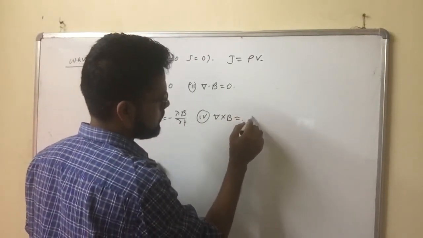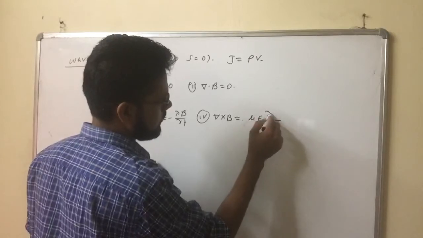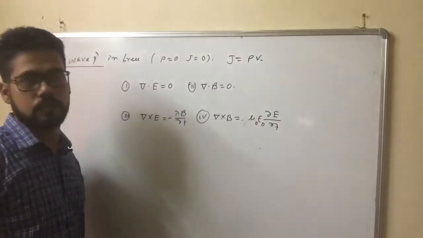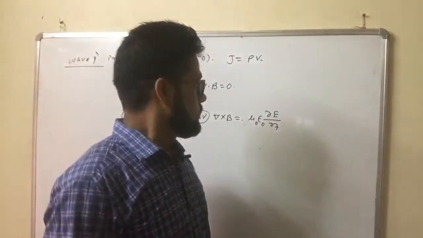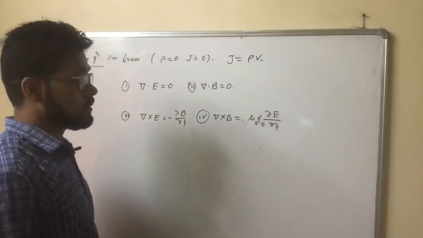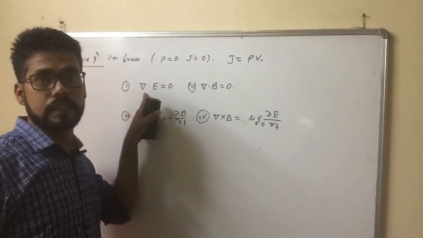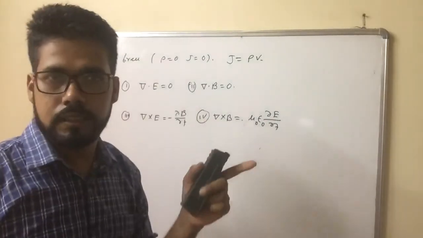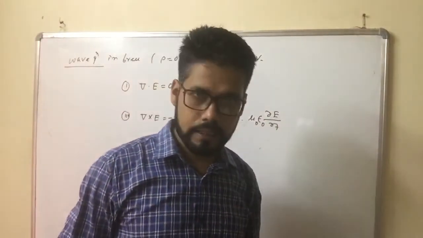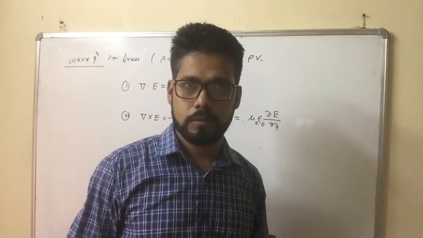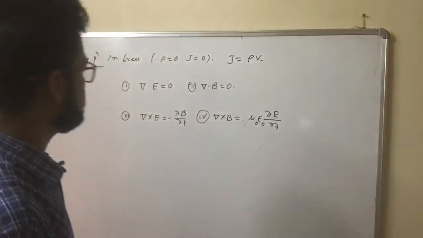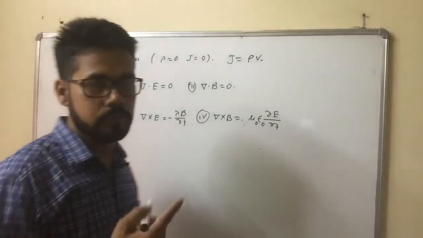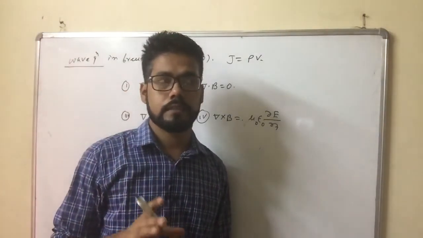Now I am talking about free space, that's why I put ε₀ and μ₀. Clear? Another meaning of this equation: don't think that divergence of E being 0 means the electric field is also 0. Although there is no charge, the electric field does not go to 0. Okay? Clear?